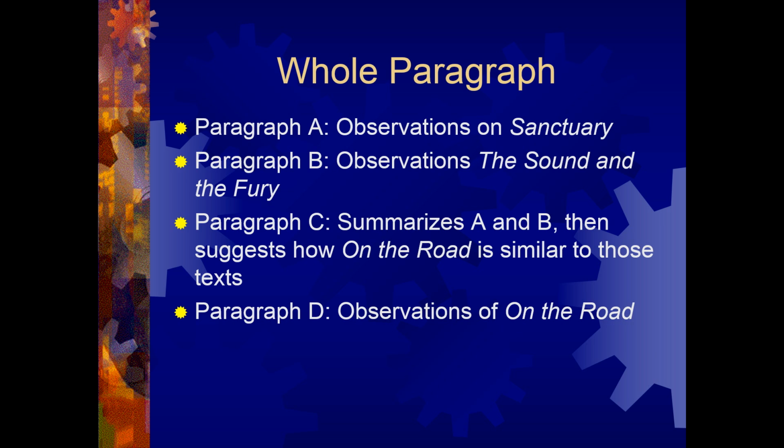The fourth paragraph then describes the novel On the Road. Out of these, I think it's easy enough to see that the transitional paragraph is the third paragraph, because you're summarizing information from the first two paragraphs and then projecting forward to your audience what you're going to say after that point.